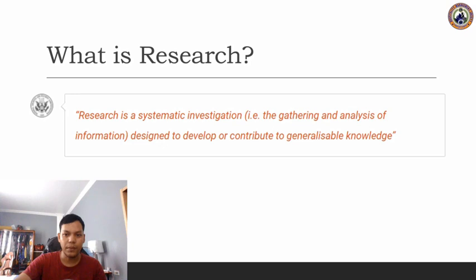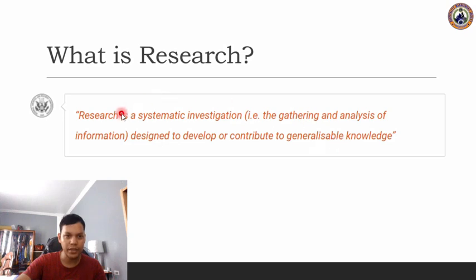So, as a more formal definition of research, the following has been extracted from the Code of Federal Regulations. Research is a systematic investigation. So, research, it is an investigation. What is the example of this systematic investigation? The gathering and analysis of information that is designed to develop or contribute to generalizable knowledge.